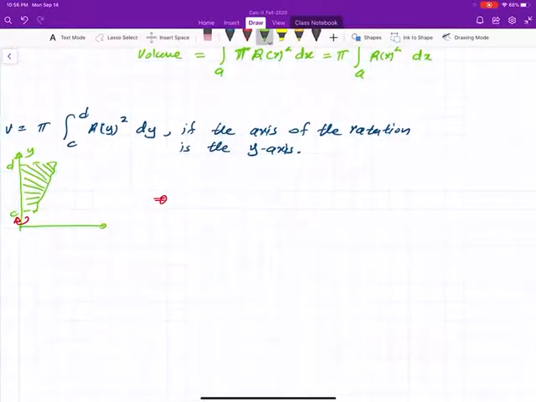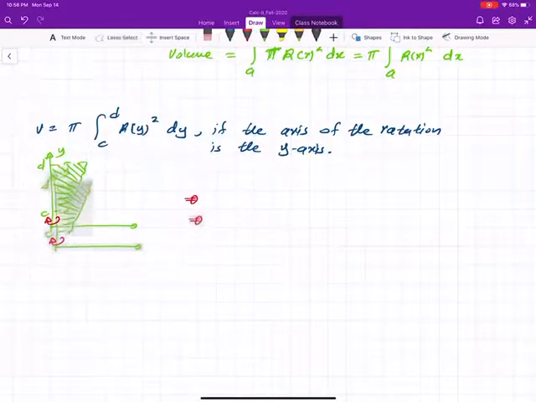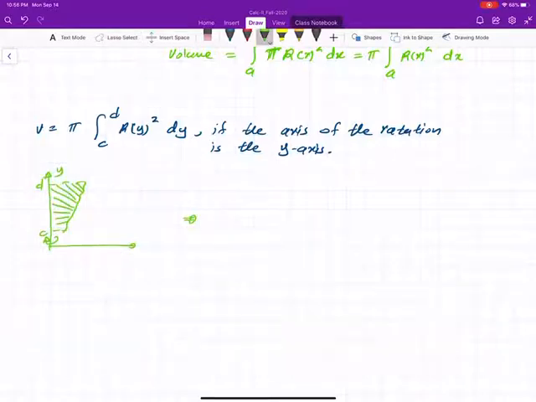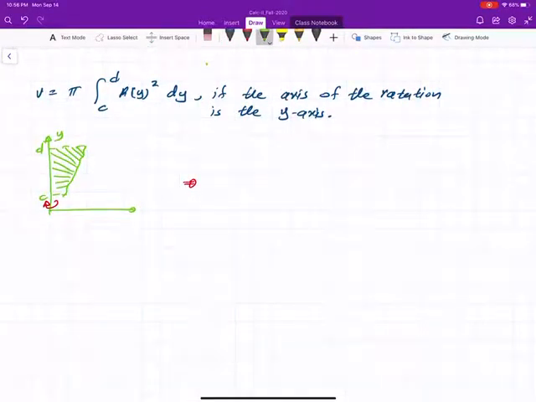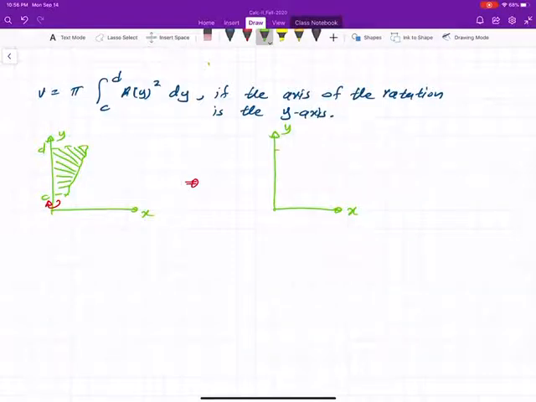The shape that you get should be like this. All right, so that's the corresponding volume.